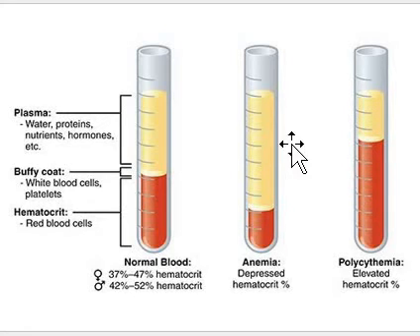For the anemia person the blood will be very light, the viscosity is very low. For the polycythemia person the blood viscosity will be very high, it will look very thick.